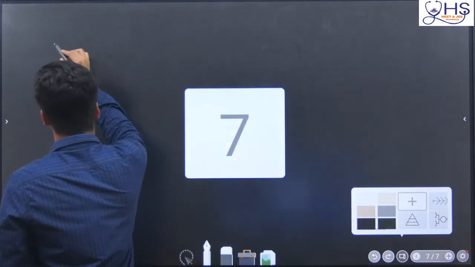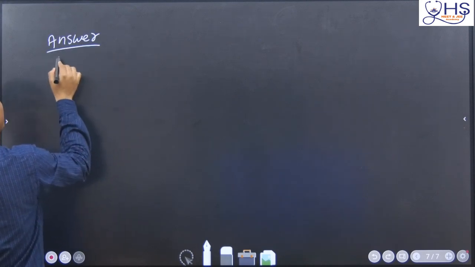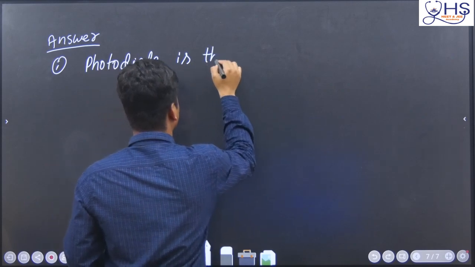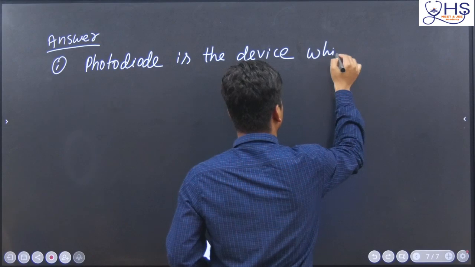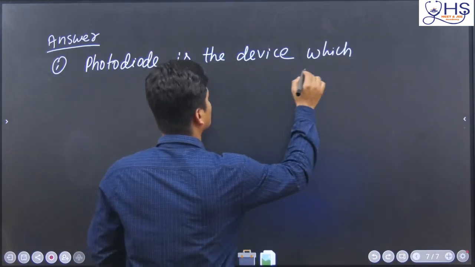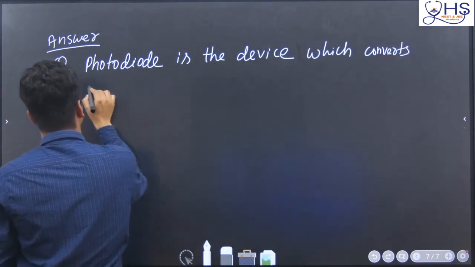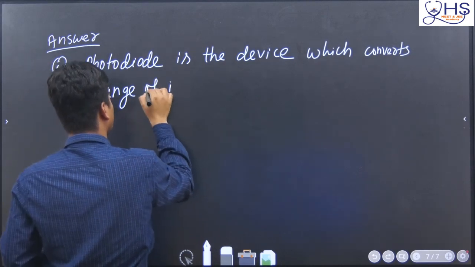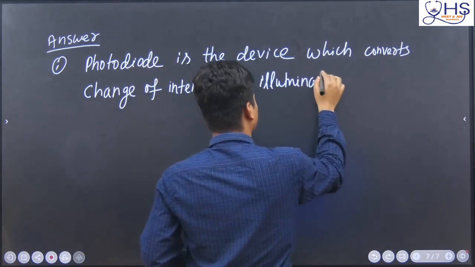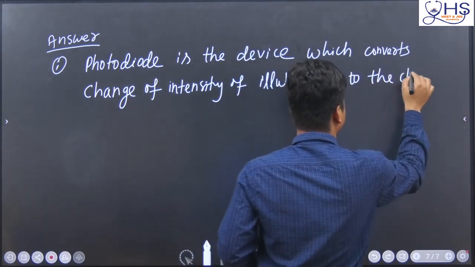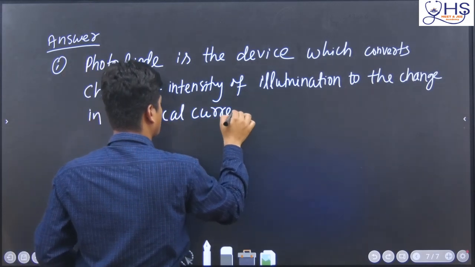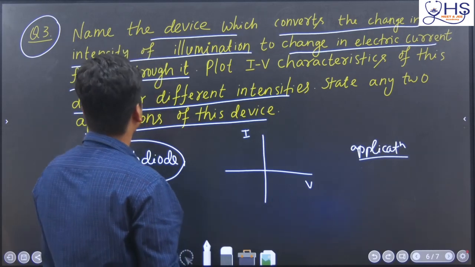First, the answer will be: photodiode is the device which converts the change in intensity of illumination to the change in electrical current flowing through it.